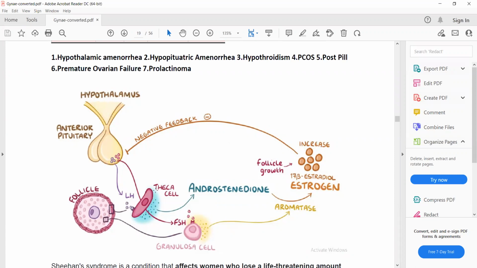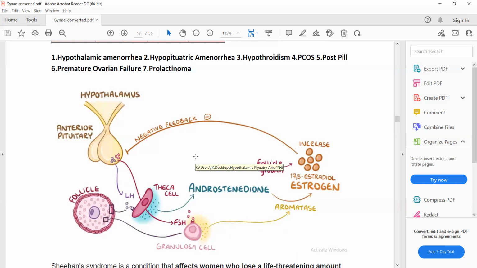So thecal cells basically produce androstenedione. Androstenedione is an androgen. This androgen is converted by the aromatase enzyme that is released by the granulosa cells, which converts this androgen into estrogen, which then leads to a negative feedback mechanism and inhibits the suppression of this.